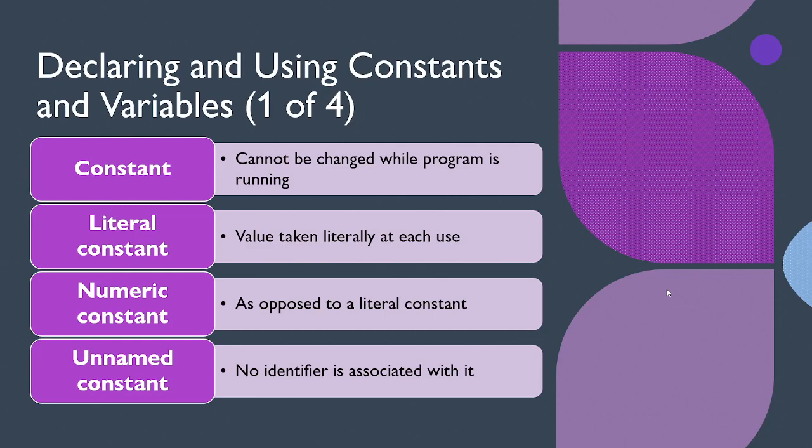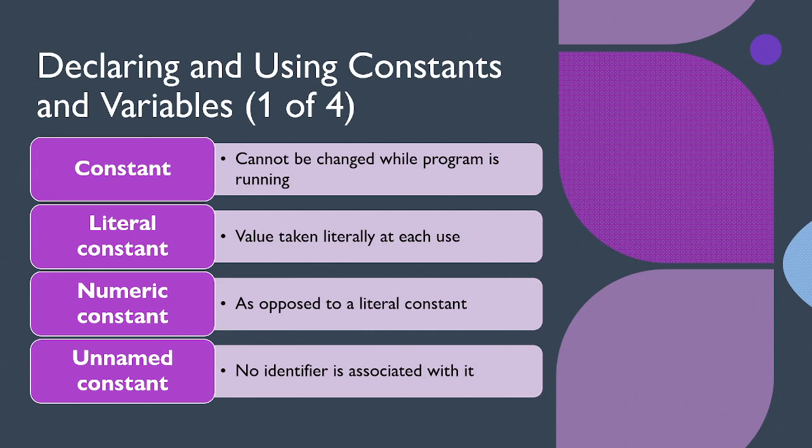So first off, you need to know what constants, variables, and literal constants are, what a numeric constant is, and what a named constant is. Just so you all know, a constant is a specific piece of code or a specific variable that cannot be changed while the program is running. So if you make a constant and you try to change it, it will error out.